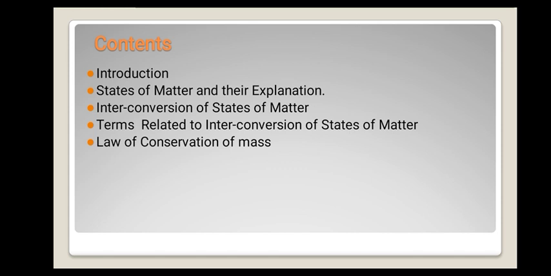Now, let's start with the introduction. As we know, anything that occupies space and has mass is matter. It includes the food we eat, the water we drink, the air we breathe, and even the book we read or the cell phone we are holding right now. Thus, all living and non-living things are matter.